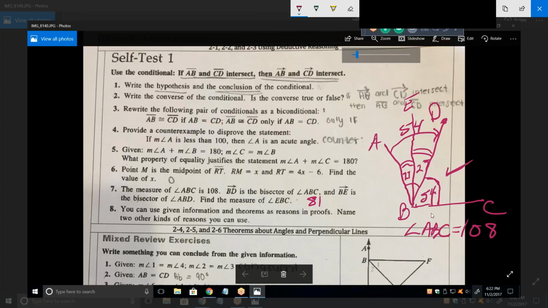Okay, so number 8. Let's see. You can use given information and theorems as reasons in proofs. Name 2 other kinds of reasons you can use. Like theorems. But that's already there.